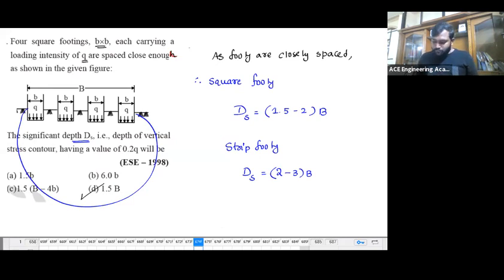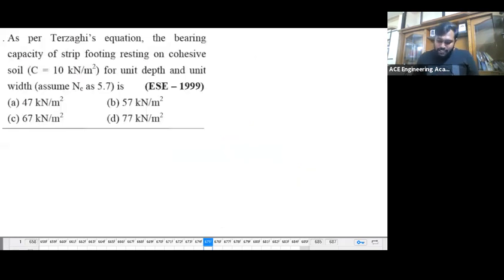Fine. Let's see this question. What is the bearing capacity of a strip footing resting on cohesive soil for unit depth and unit width of 1 meter? The bearing capacity here is the net ultimate bearing capacity.